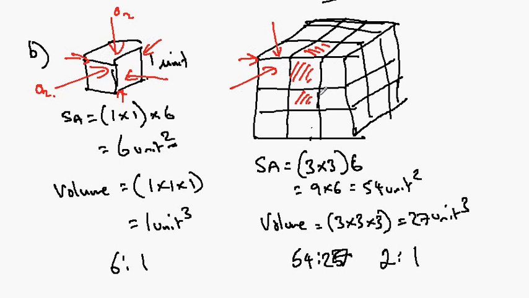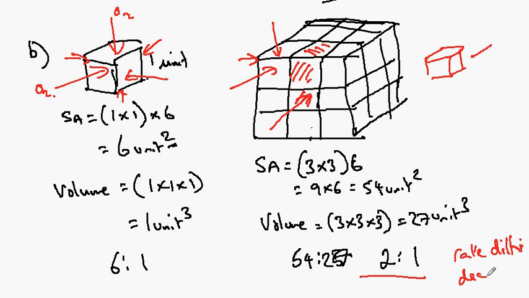This one only has 1 surface exposed for absorbing oxygen, and of course right in the very center of this cube there's another cube which is completely unexposed, has other cube cells around it through which oxygen has to diffuse before it arrives at the central structure. So as the surface area to volume ratio decreases, the rate of diffusion and movement of substances will also decrease.